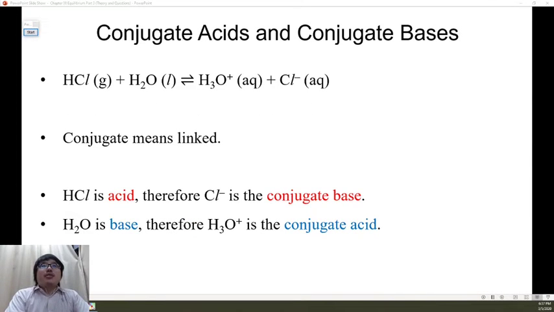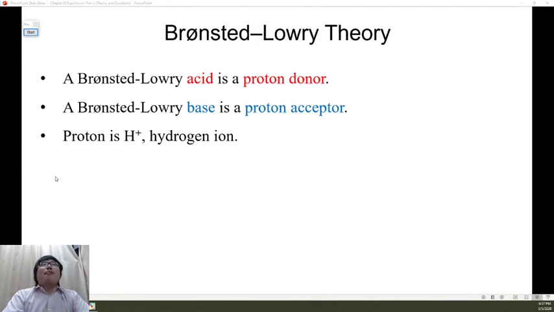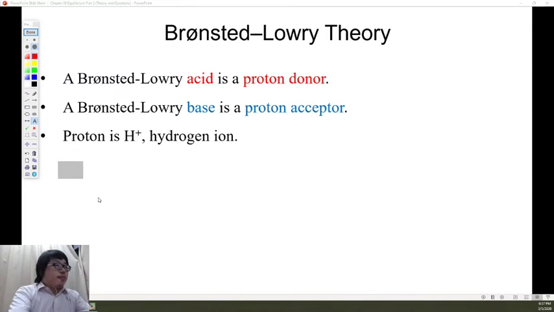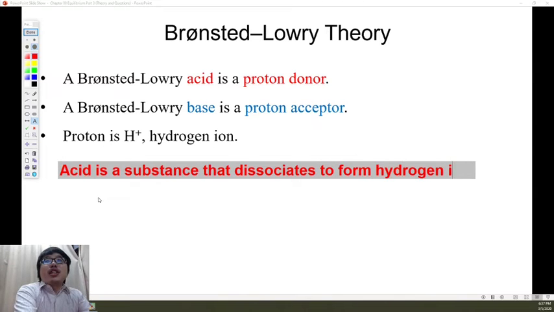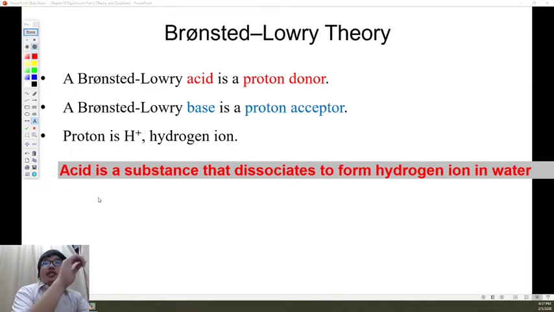Now we are going to learn something new: the Bronsted-Lowry theory of acids and bases. Previously, you have learned that an acid is a substance that dissociates to form hydrogen ions in water.